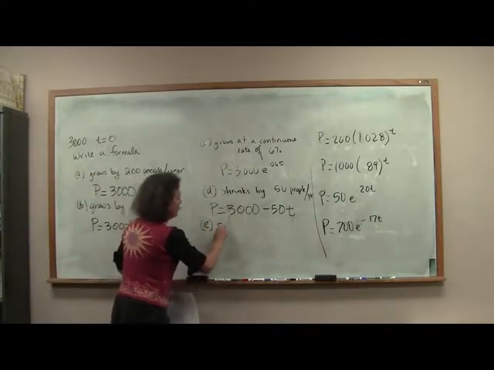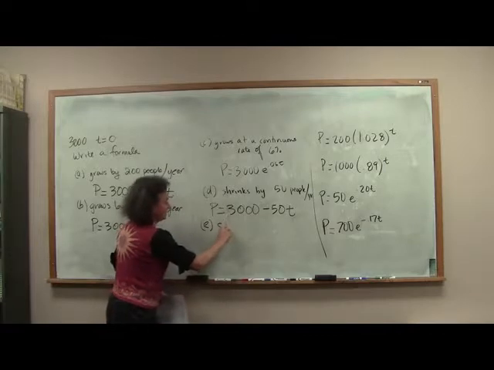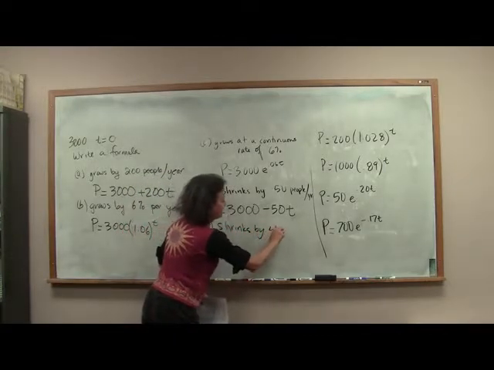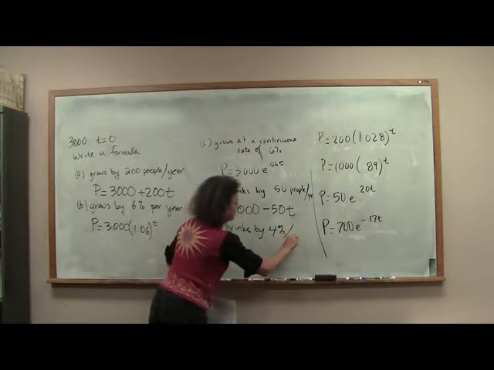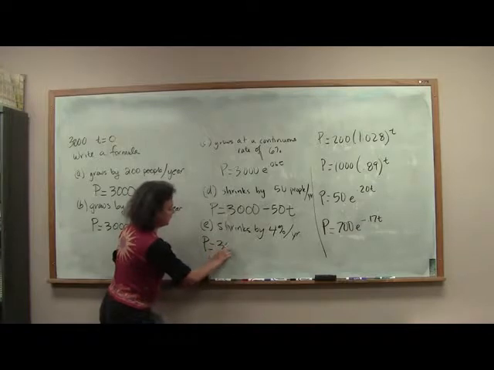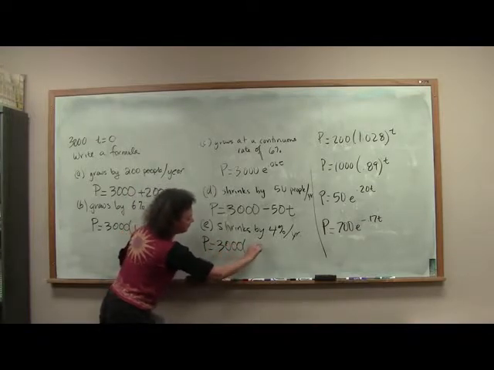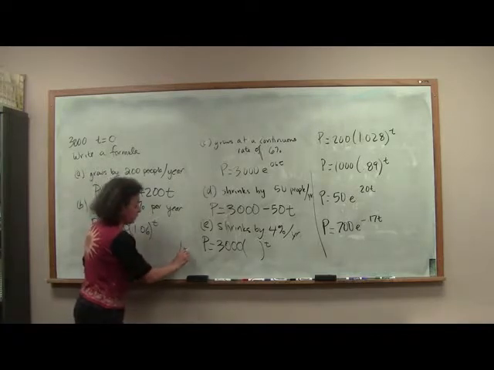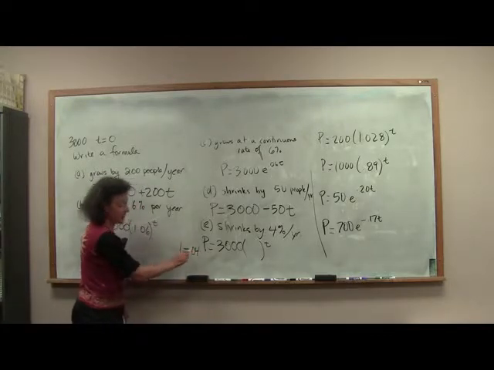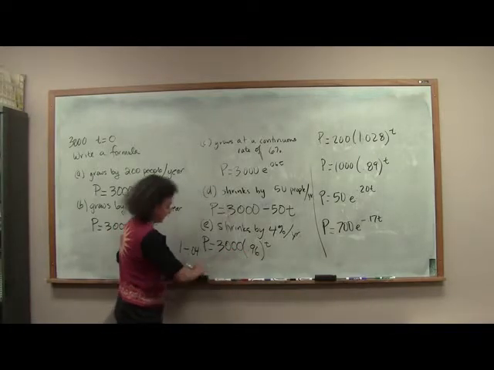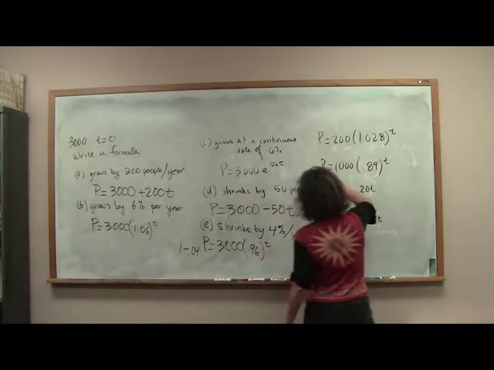What if now I say that it shrinks by 4% per year? Well, we still have our 3,000, but now remember we take 1 minus the percentage, so we have 0.96 to the power of t.